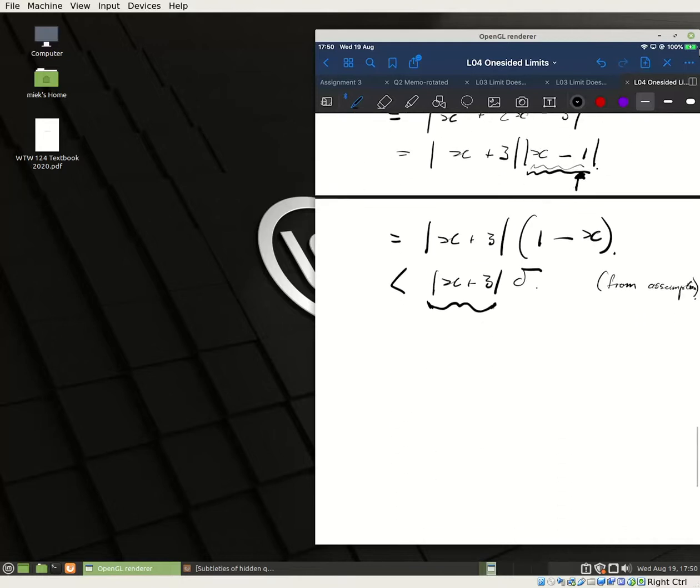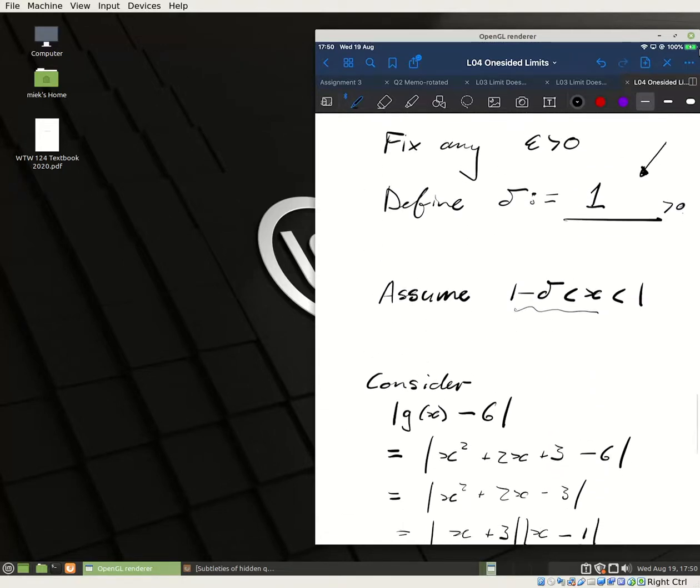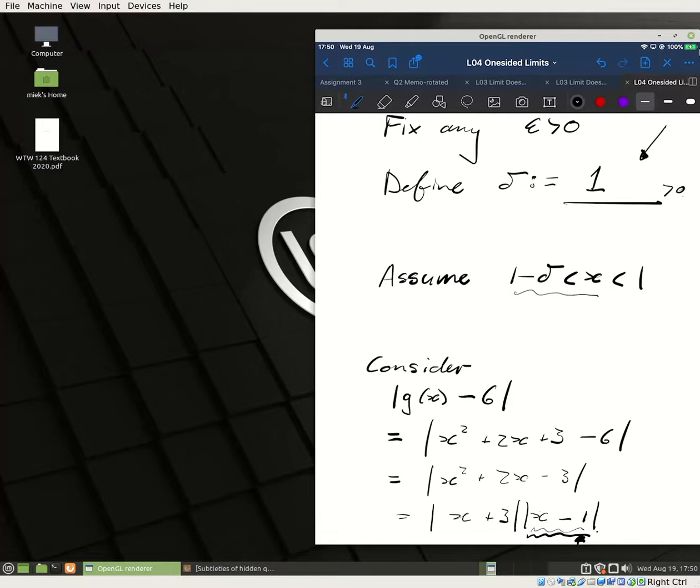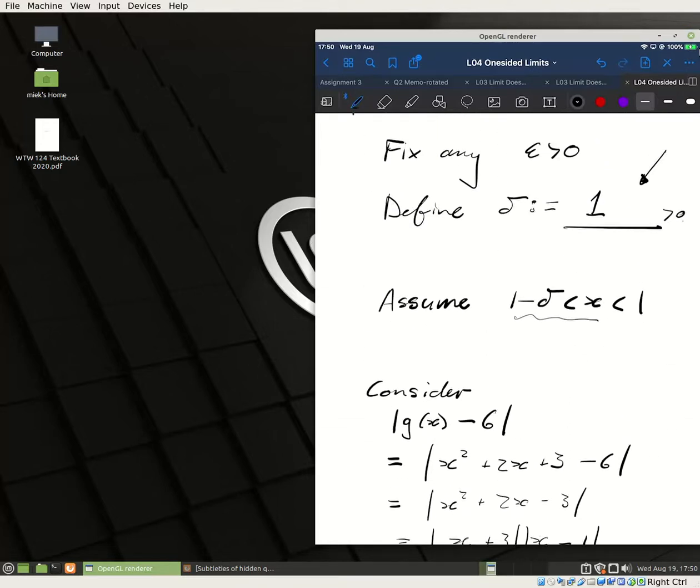Then let's say the minimum of 1, and now we need something else. If delta is defined as such, then delta is certainly less than or equal to 1 because it is defined to be the minimum.